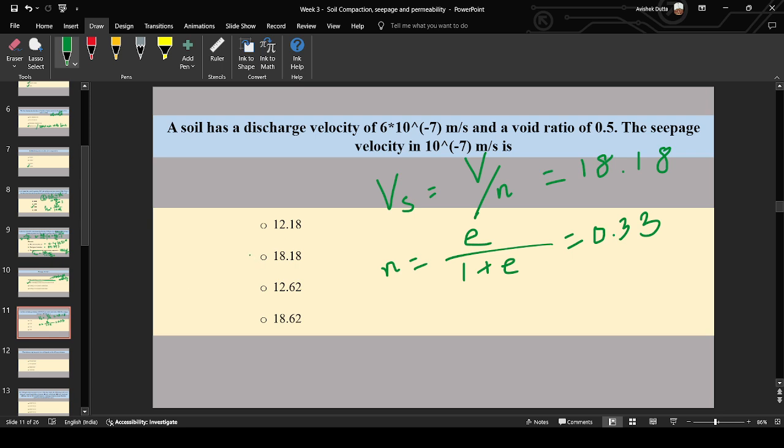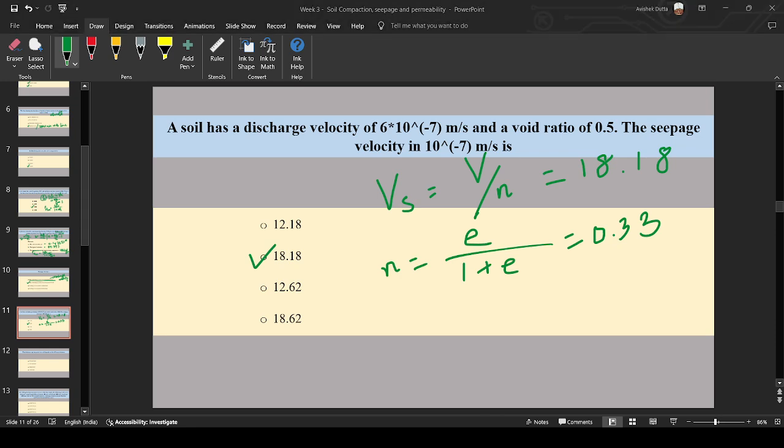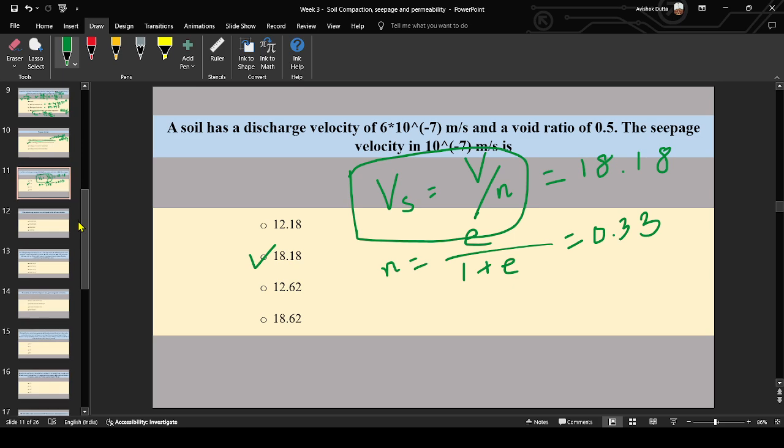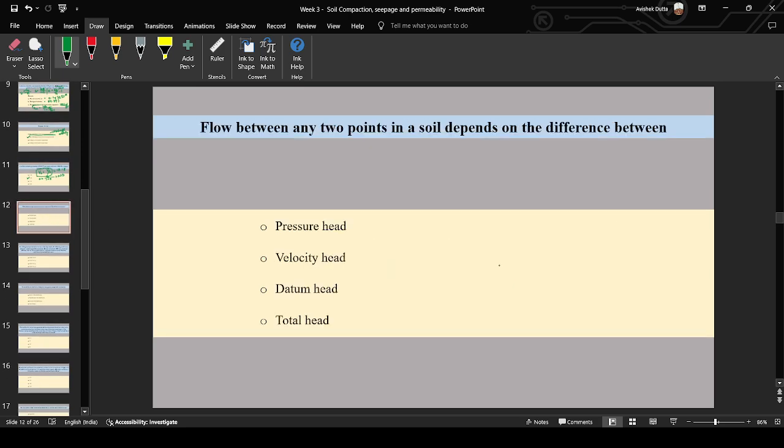So the second one is the correct option. This is a very important formula: seepage velocity equals discharge velocity divided by porosity. Next question.